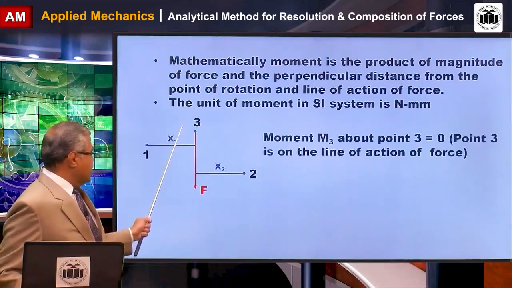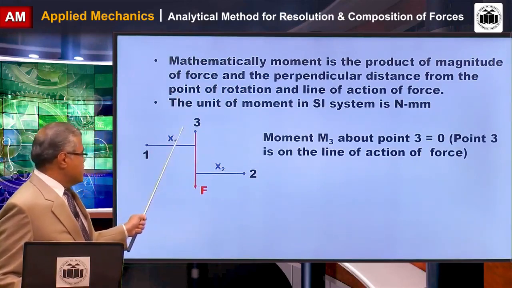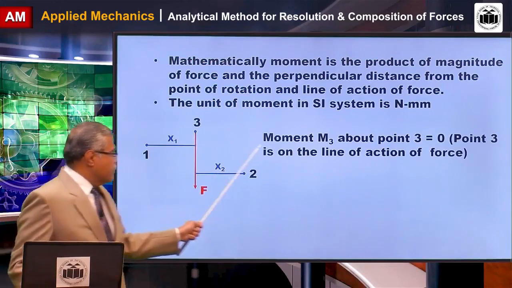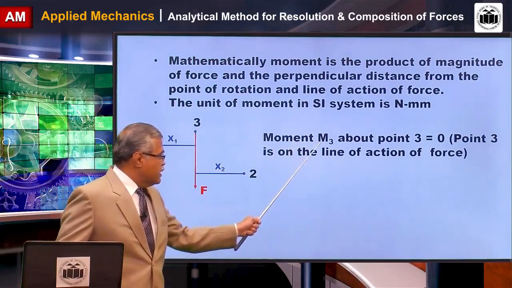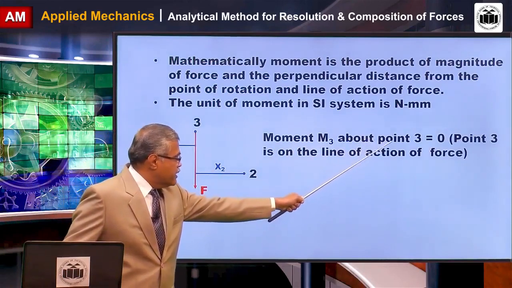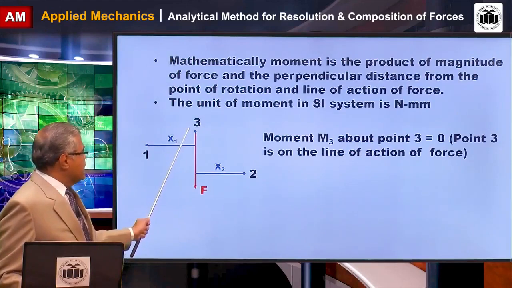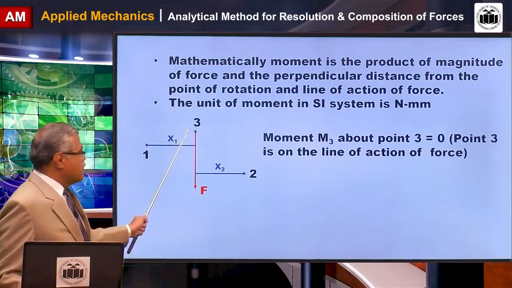Here we can understand moment with the help of these examples. The moment of force about point 3, that is M3, is equal to 0 here, because the force F is acting on point 3 itself, or the line of action of force F is passing through point 3.